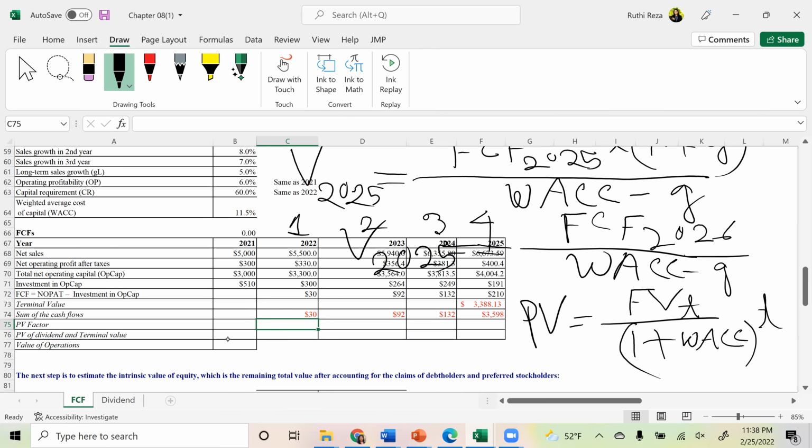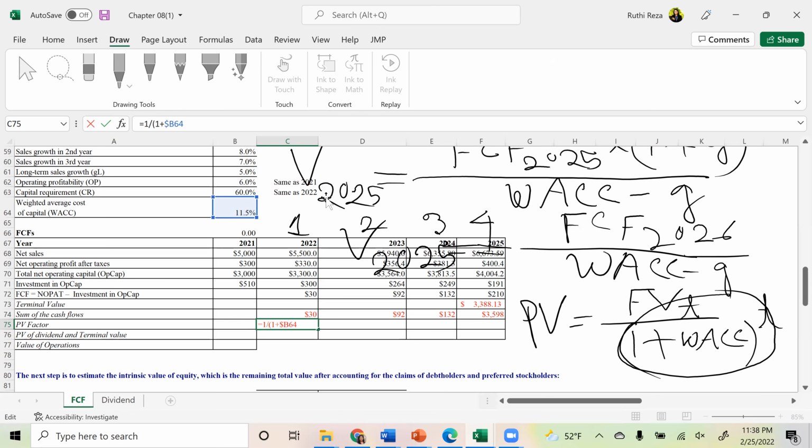Okay. So here the discount factor is this part, 1 over 1 plus WACC to the power t. So we are now putting this into this Excel formula. So 1 over 1 plus WACC.